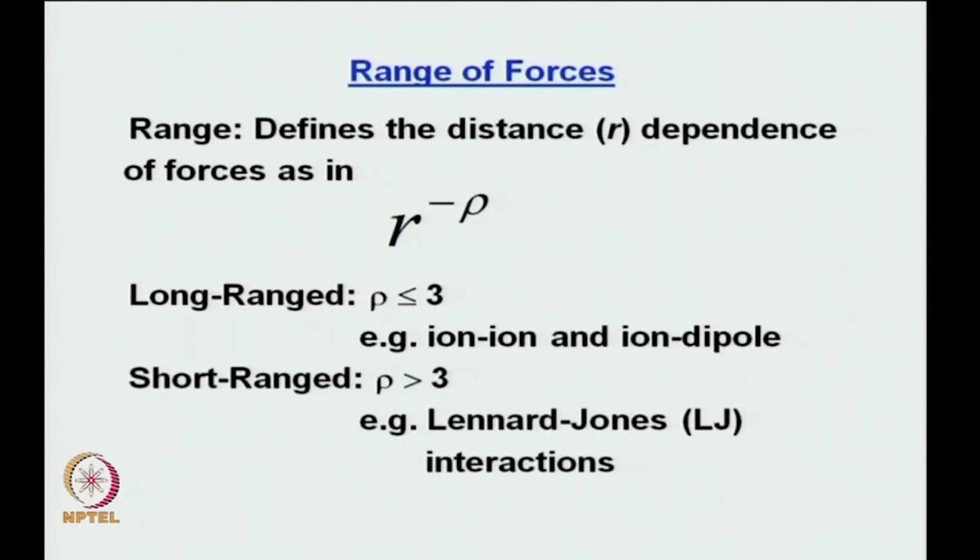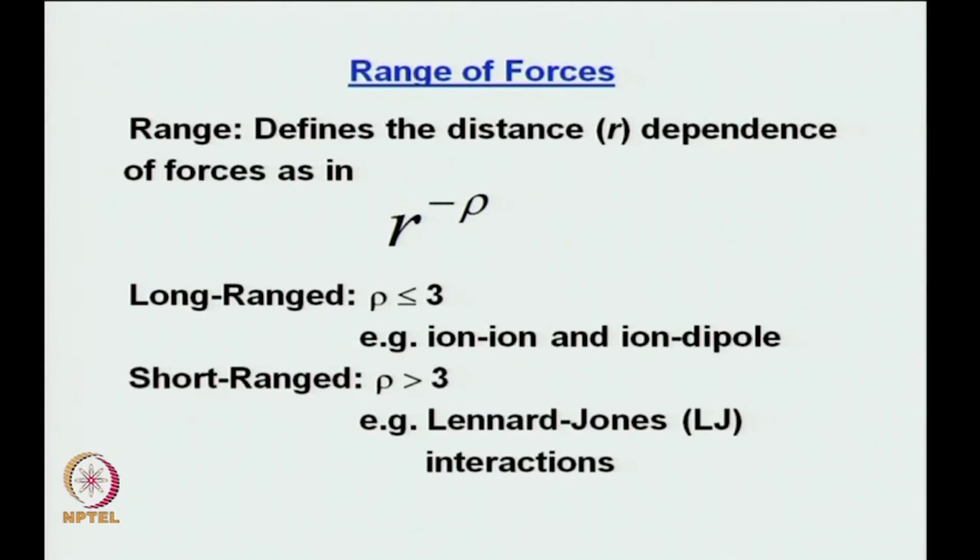So, the first thing we start with is something referred to as the range of forces. What do I mean by the range? Range defines the distance that your forces depend upon. So, for example, you can see out here, it varies as r to the power negative rho, right. Now, think about a Coulomb interaction, like your Coulomb potential, right. It has an inverse of what?